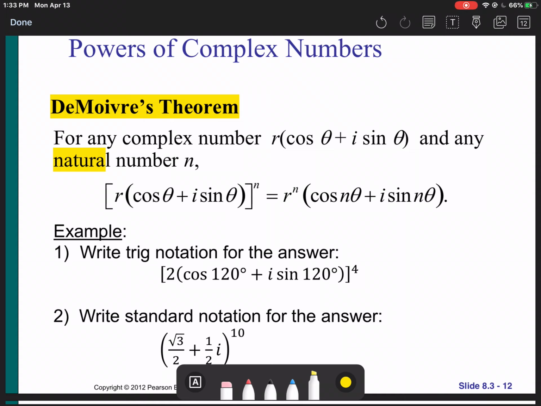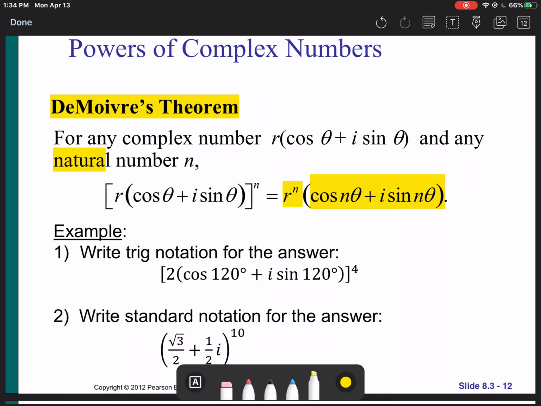1, 2, 3, 4, 5, etc. Positive integer, natural number, same thing. So as long as I'm raising this number to a positive integer, the formula for calculating the value is to simply take the r, raise it to that power, that nth power. And then here we've got the cosine plus I sine of n times theta. Right? So obviously, I just want to make sure I'm not getting wires crossed between all these different formulas.